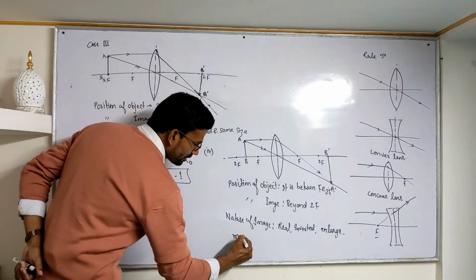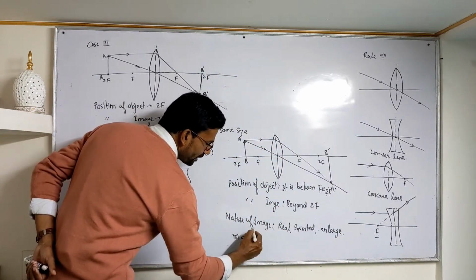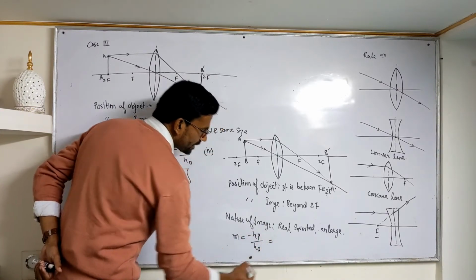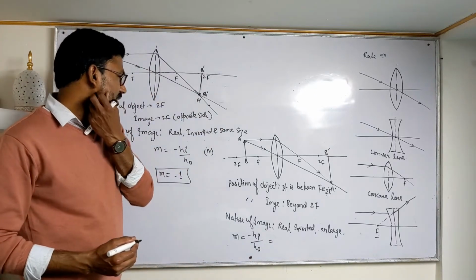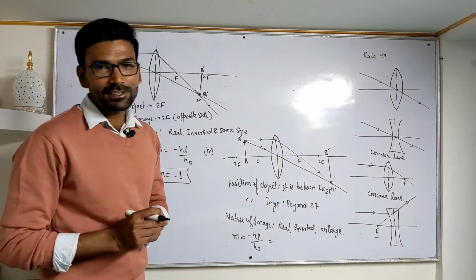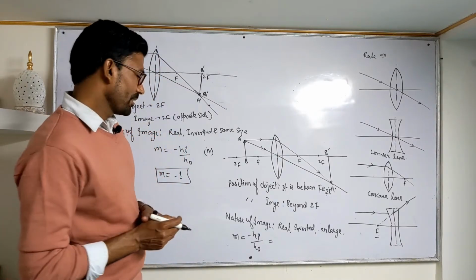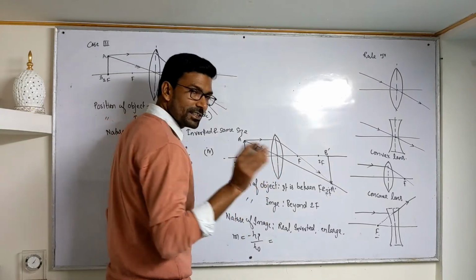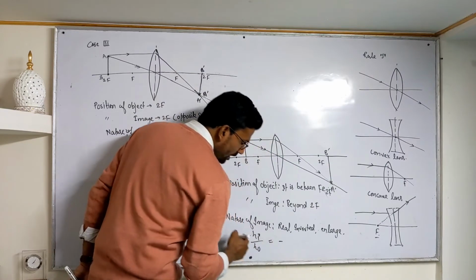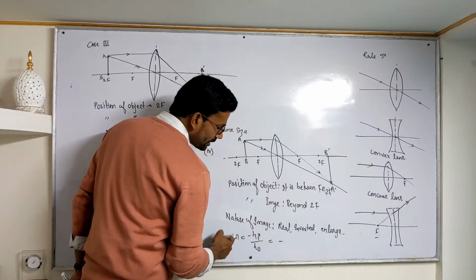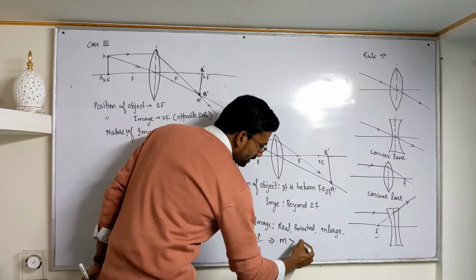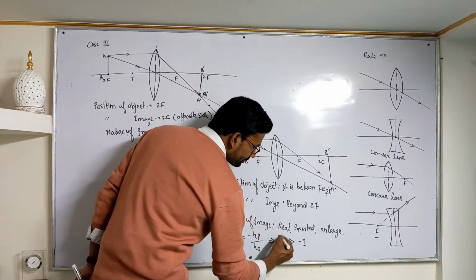So magnification can be written as height of image upon height of object. A negative sign will be inserted here because the image is formed below the principal axis. All distances measured below the principal axis are taken as negative. So magnification again comes out negative, and it is more than 1. So magnification is greater than 1 with the negative sign.